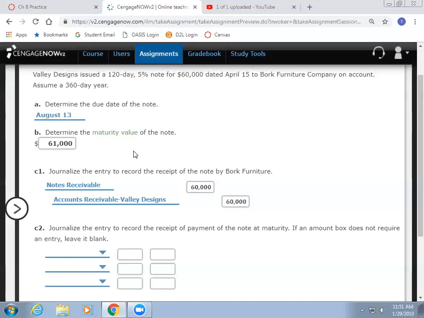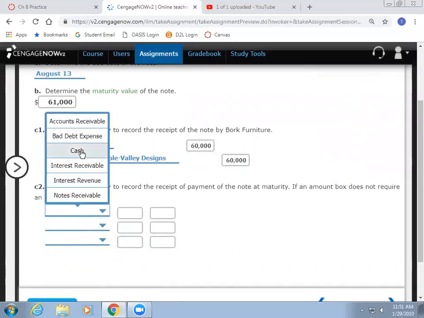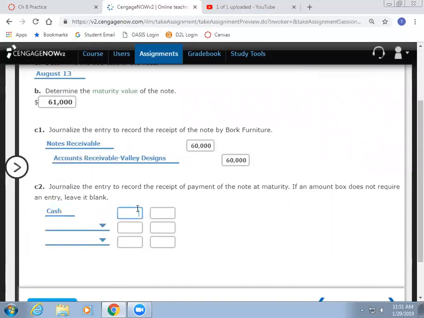So then, to actually recognize the receipt of the payment, they're paying us the full $61,000 maturity value. So when they pay us on August 13th, we're going to debit cash $61,000 for the maturity value.